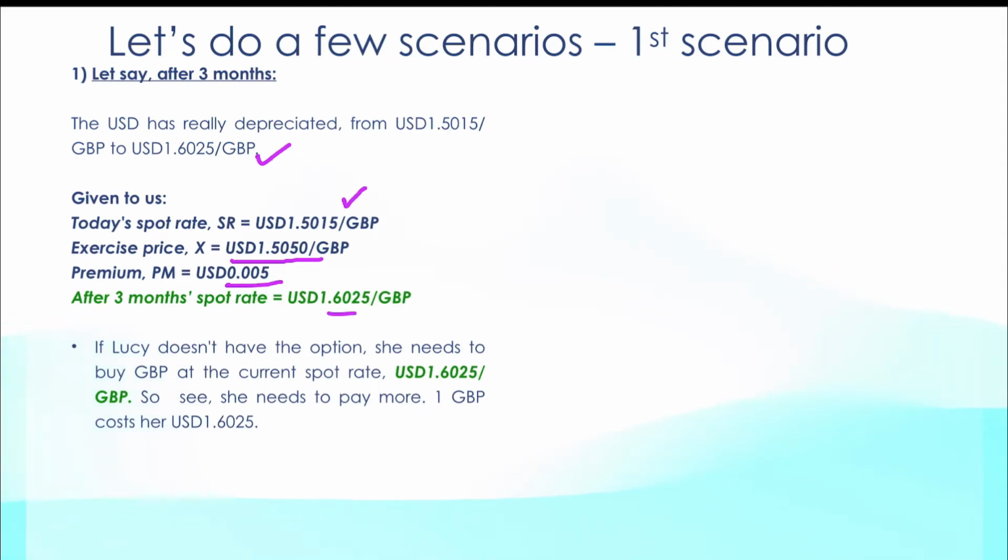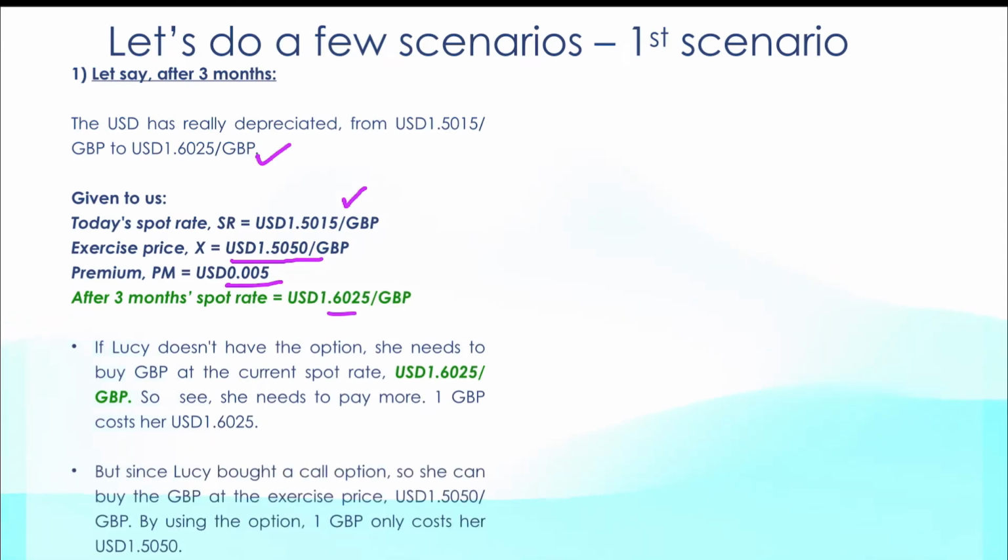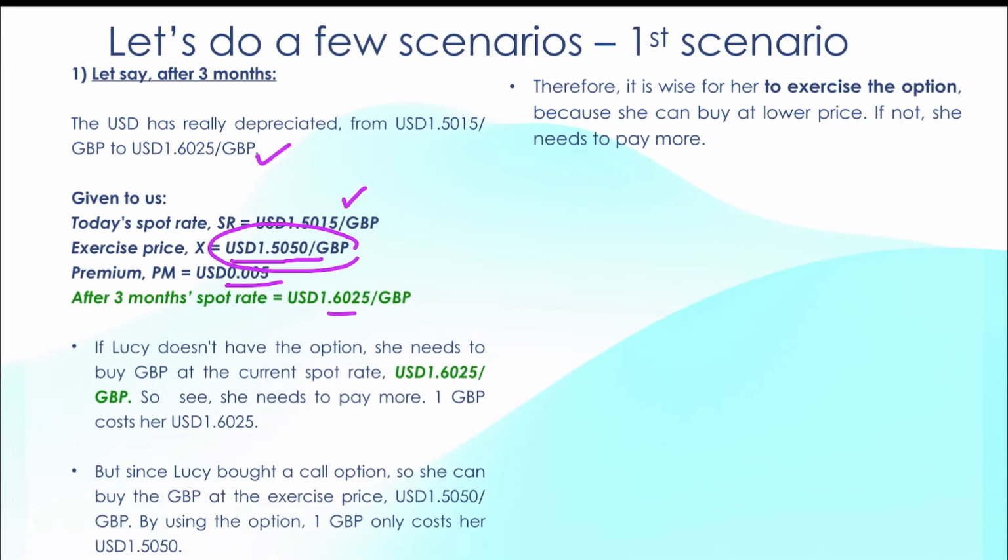More expensive. But since Lucy bought a call option, she can buy the GBP at the exercise price, USD 1.5050. By using this option, 1 GBP only costs her 1.5050. Therefore, it is wise for her to exercise the option because she can buy at a lower price.